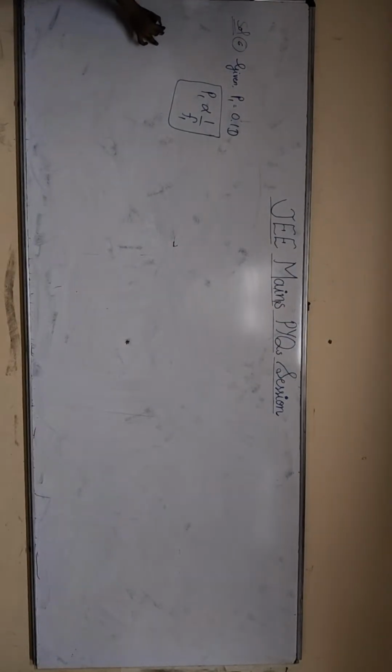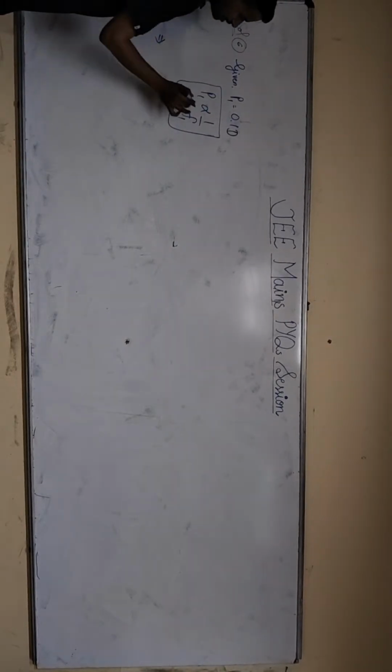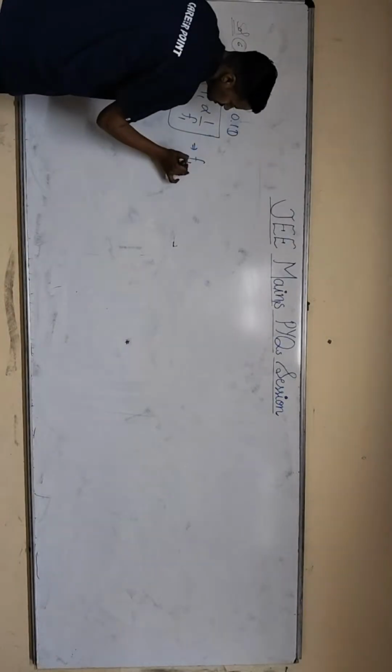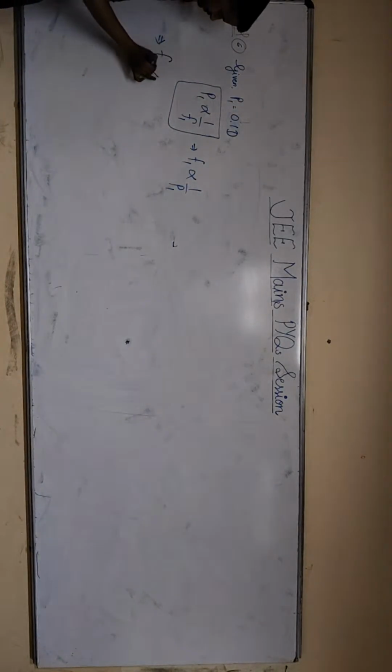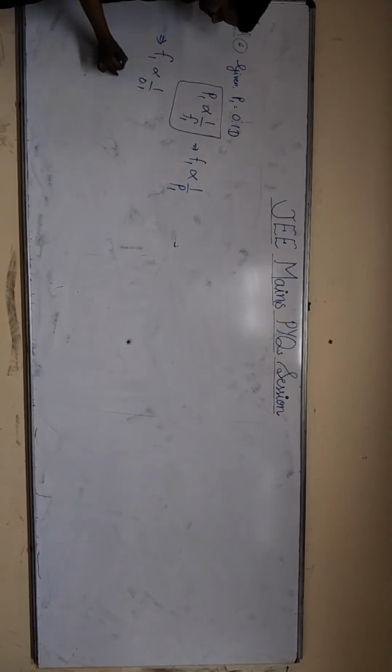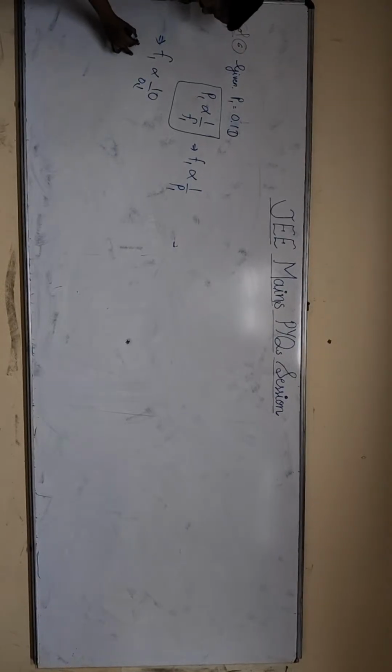So before solving this question, the value of F1 becomes, in terms of the power P1, 1 by 0.1, that is nothing but 10. F1 is 10.